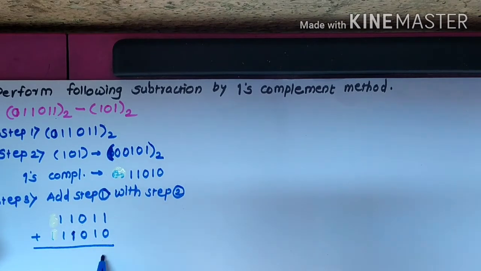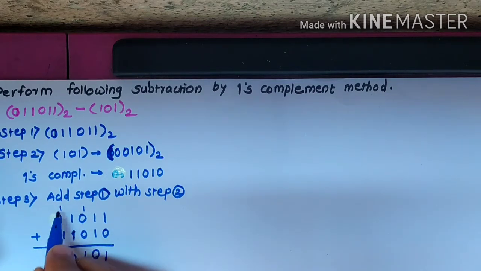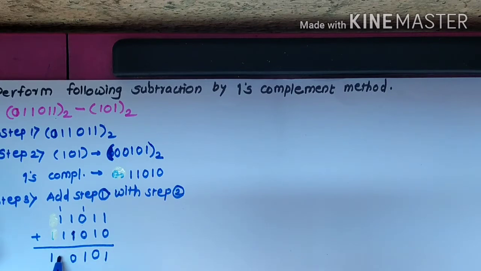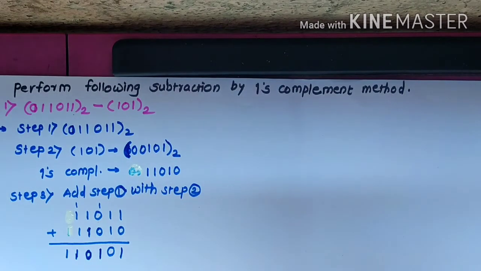1 plus 0 is 1. 1 plus 1 is 0, carry 1. 0 plus 1 is 1. 1 plus 1 is 0. 1 plus 1 is 10, and 10 plus 1 will get 11. Now, in this example, carry 1 is present because this carry is present at the 6th digit.